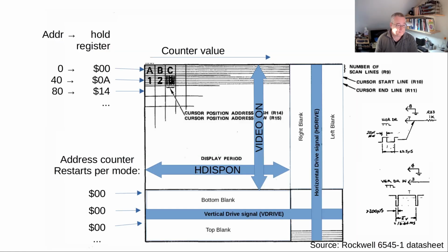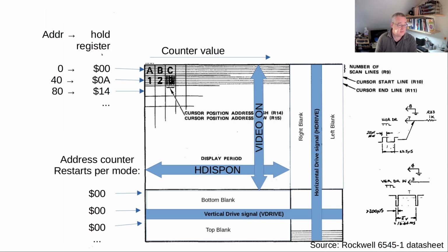Very nice. So some more examples here, because we have the lowest 2 bits of the address that are implemented as JK flip-flops. The hold register is actually bits 2 to 9: 2, 3, 4, 5, 6, 7, 8, 9. Yeah, 8 bits.